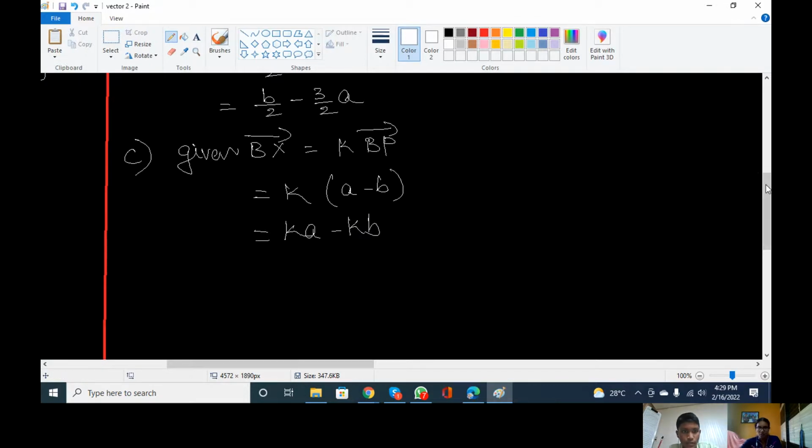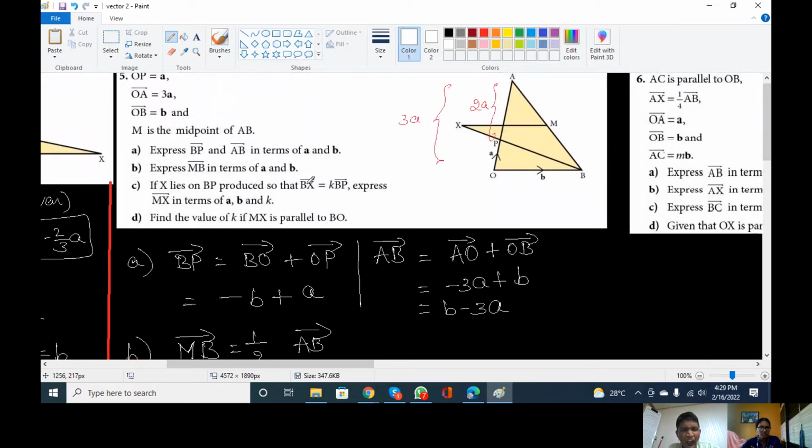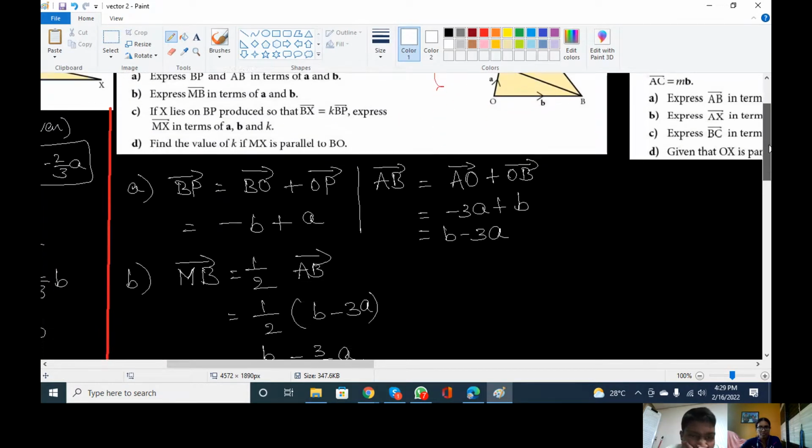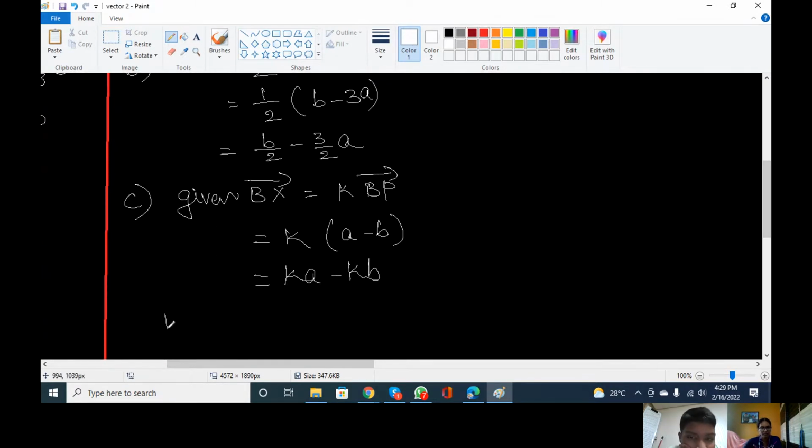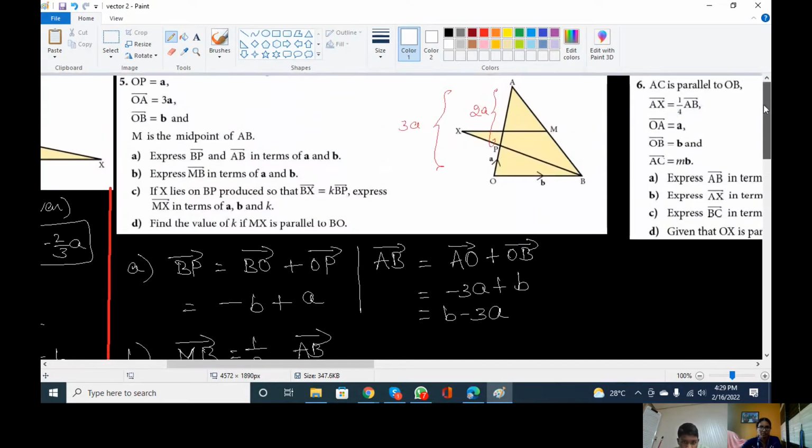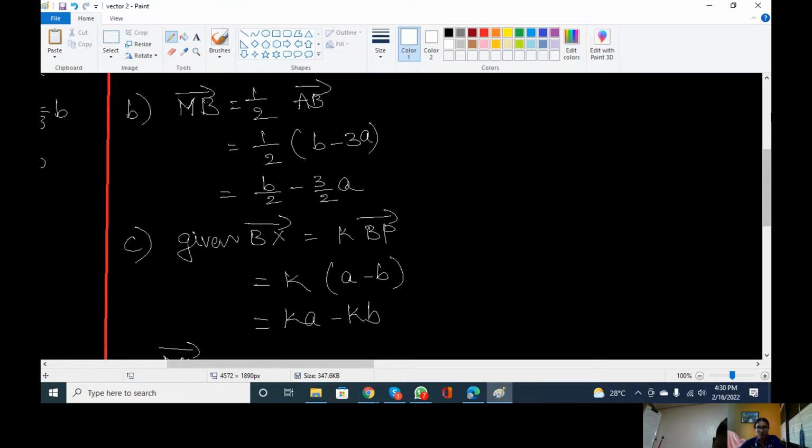Okay, so what they asked is to find MX in terms of A, B. How can we do this MX? MX is nothing but MB plus BX, right? We know MB and we know BX, which we just found.